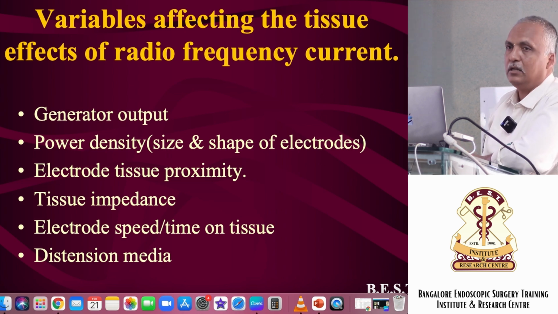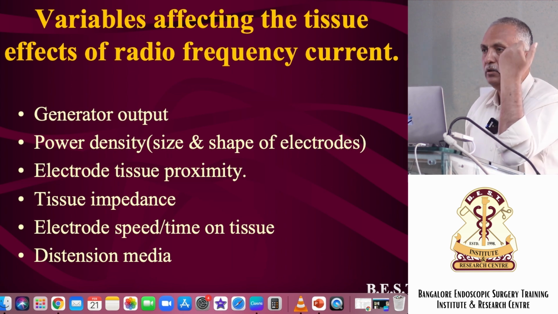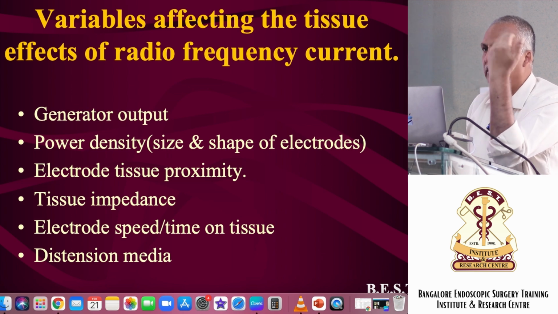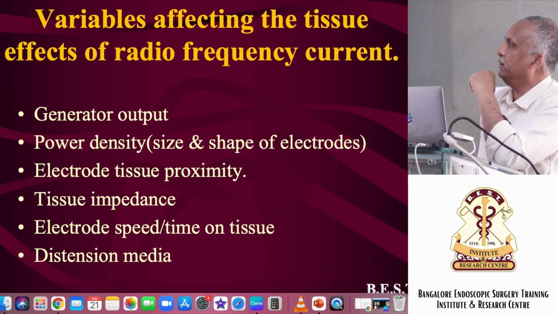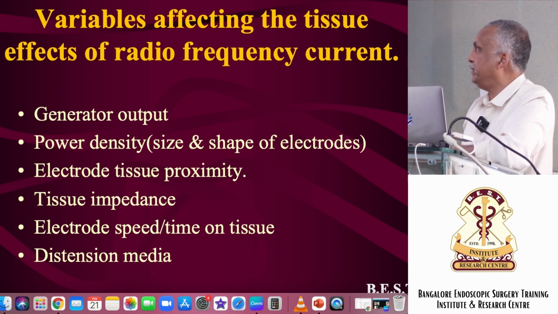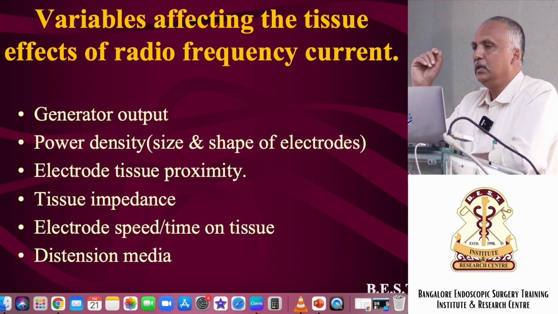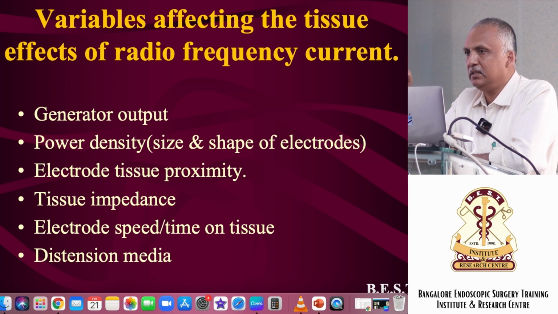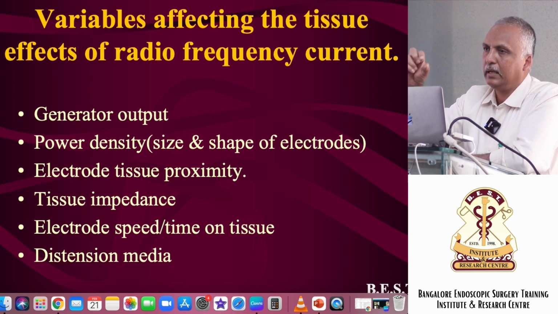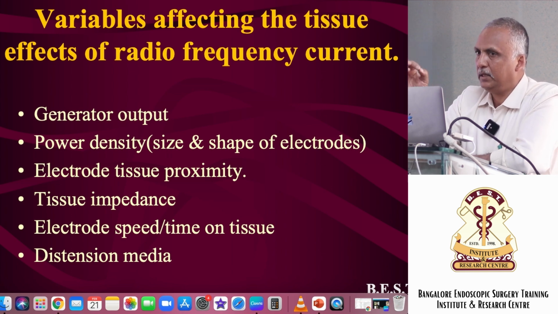Now, power density, size and shape of electrodes, we discussed it. How much you press, how much you don't press, proximity of the tissue. Tissue impedance, again we've gone through the resistance of tissues, whether it's fascia, fat, or peritoneum. And what we didn't talk about is electrode speed and time on tissue. See, in open surgery, we have an assistant trying to catch a bleeder with a mosquito or a tooth forceps, and then we apply diathermy.